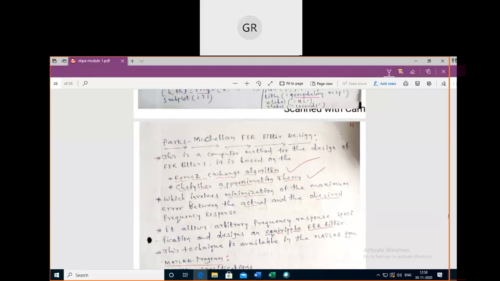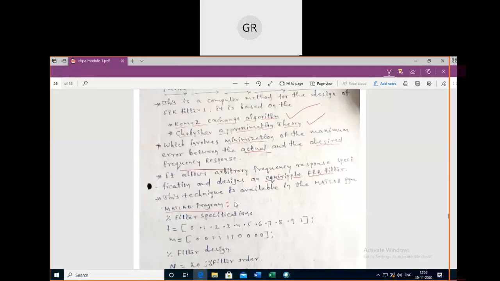It is based on the Remez exchange algorithm and Chebyshev approximation theory, which involves minimization of the maximum error between actual and desired frequency response. It allows arbitrary frequency response specifications and designs an equiripple FIR filter.